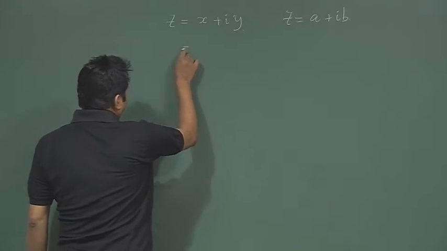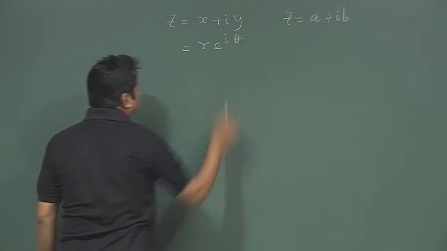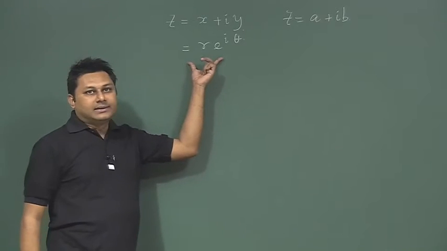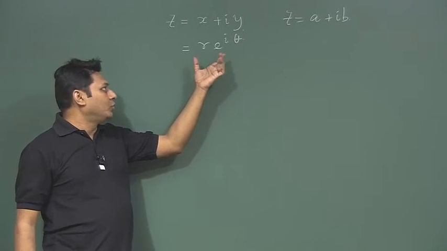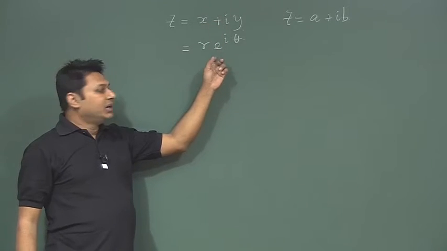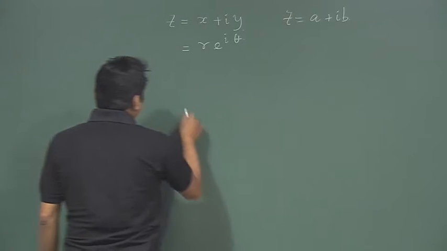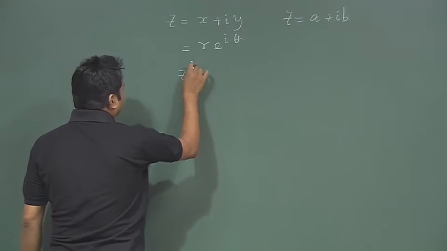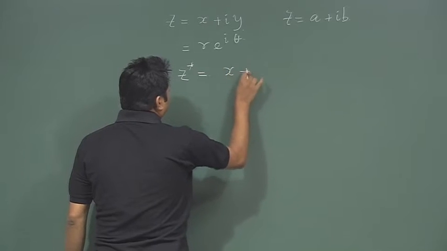The same thing can be represented in terms of polar coordinates, which is r e to the power i theta. We showed how to go from one form to the other, so we are not going to discuss this more, but the important thing is that z star is something which is called the complex conjugate.